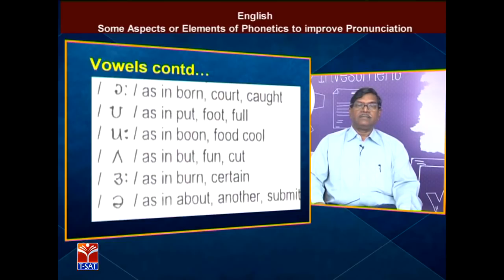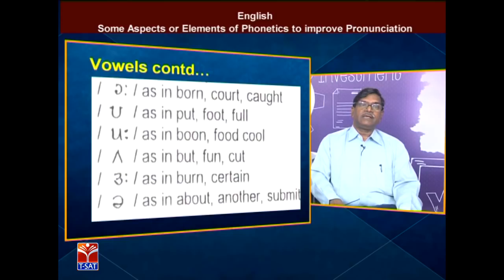In another, and in about, the initial vowel sound is that weak and short sound. These are the 12 pure vowel sounds.